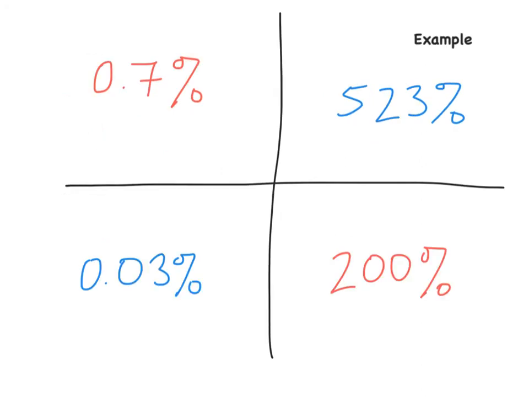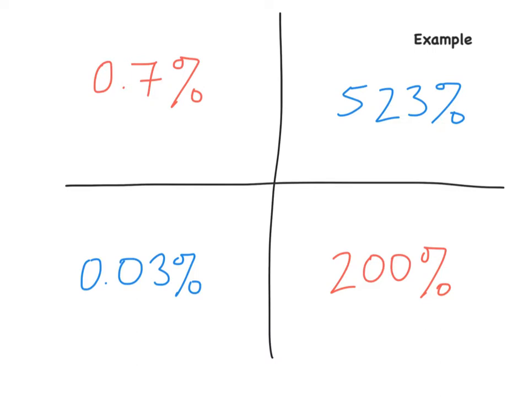You may come across numbers that are smaller than 1% and greater than 100%. All I really want you to do when you're changing a percent into a decimal is still take away the percent sign and then move the decimal point 2 places to the left.